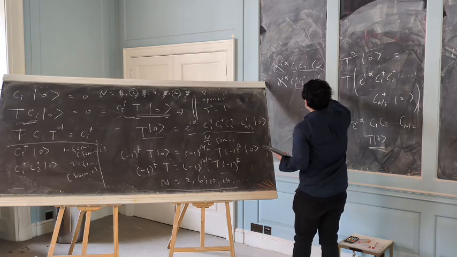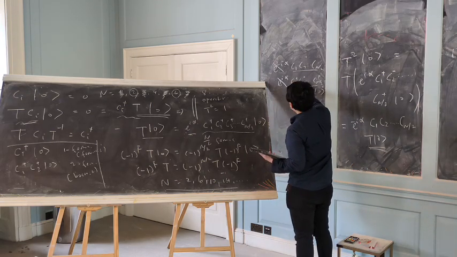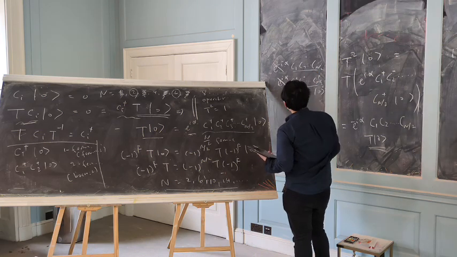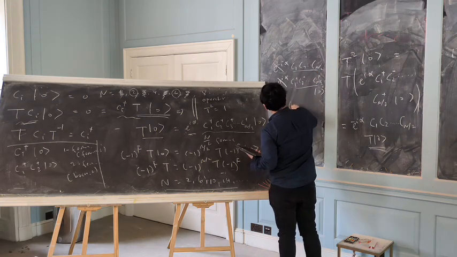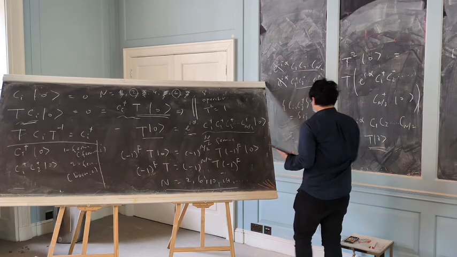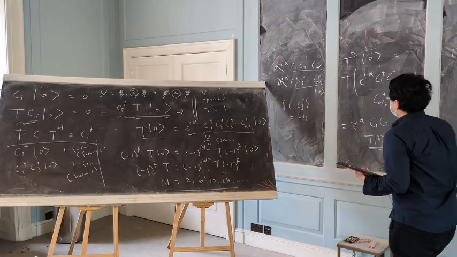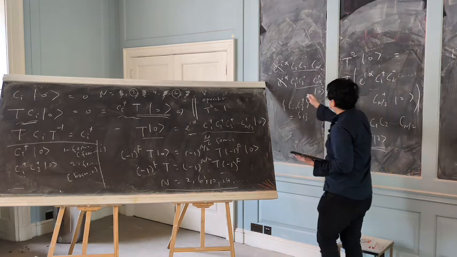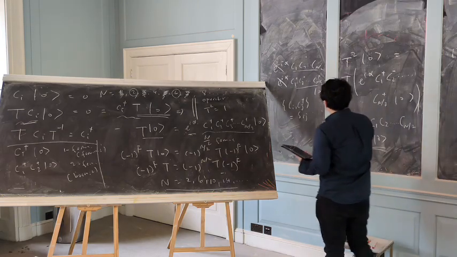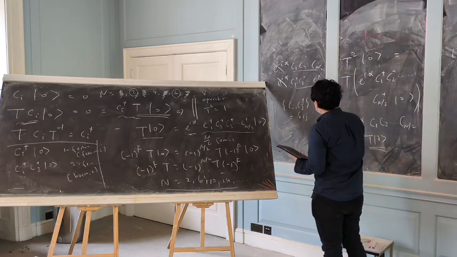Each time you exchange CI dagger with Cj, where j does not equal I, you're going to modify because of the commutation relation. Maybe let me just write down again. So Ci Cj dagger and the commutation relation equal to delta Ij. You just use this commutation relation repeatedly.